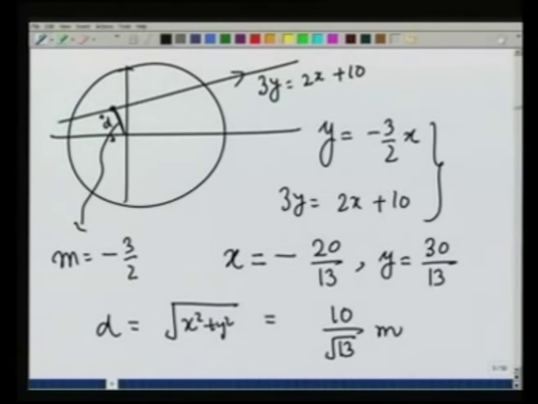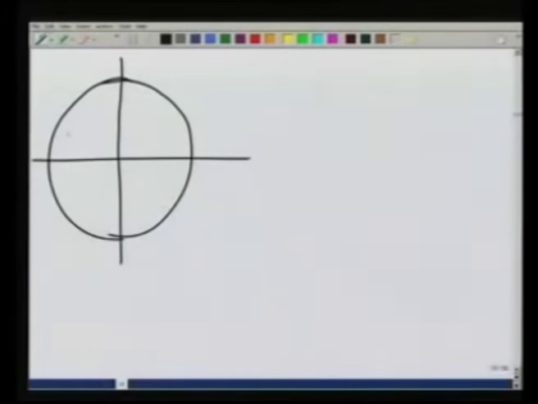So, we have F, we have d, and therefore, the moment can be found out. The force is like this, whose magnitude is 10 square root of 13 newtons.